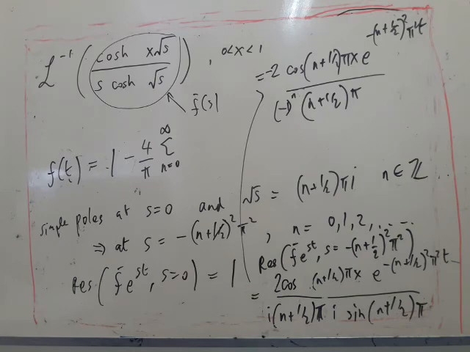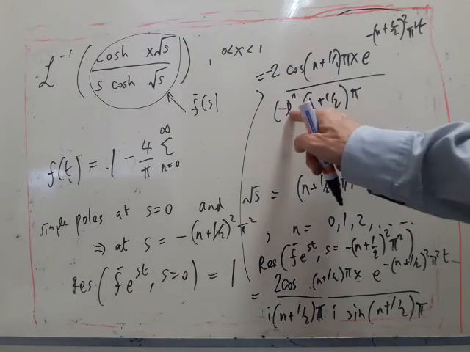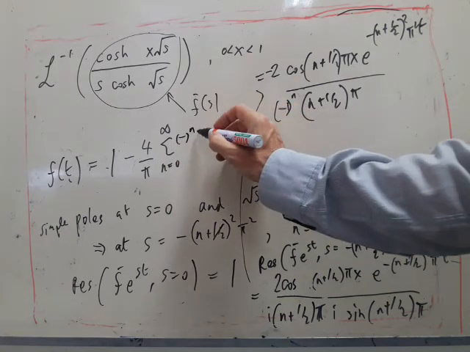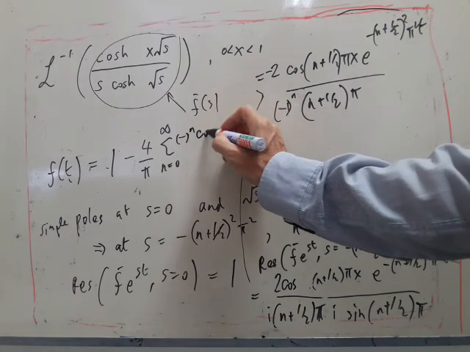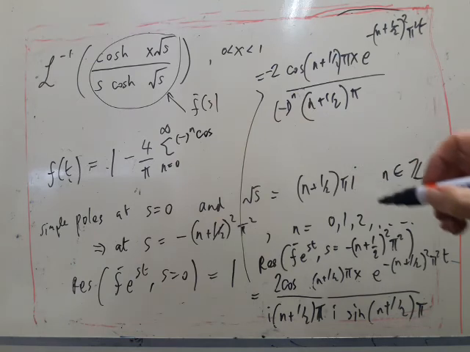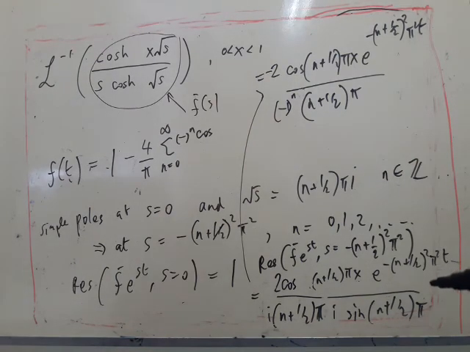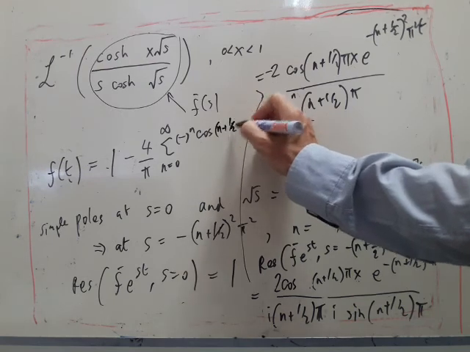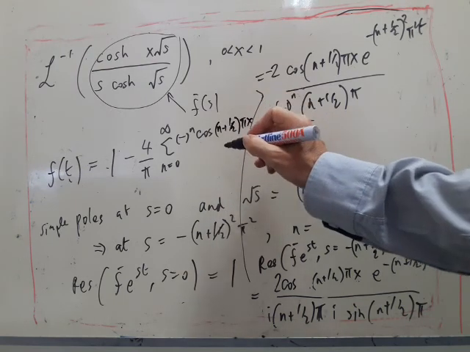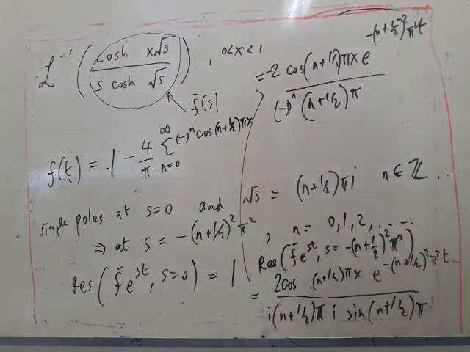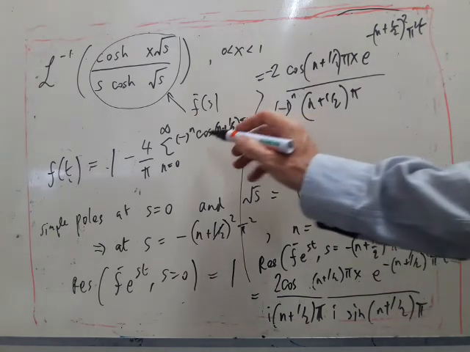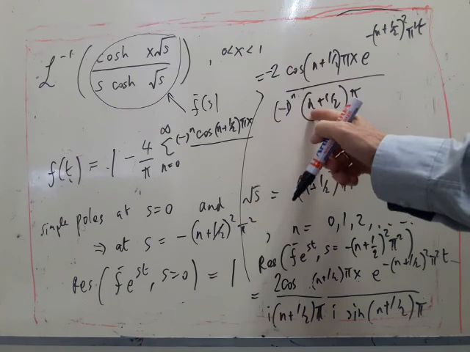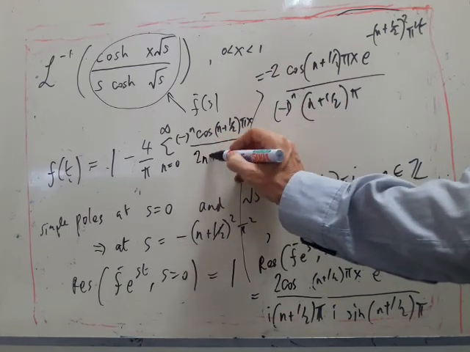And then we've got this minus 1 to the power n times cos n plus a half pi x. I've multiplied top and bottom by 2, so this turns into 2n plus 1.